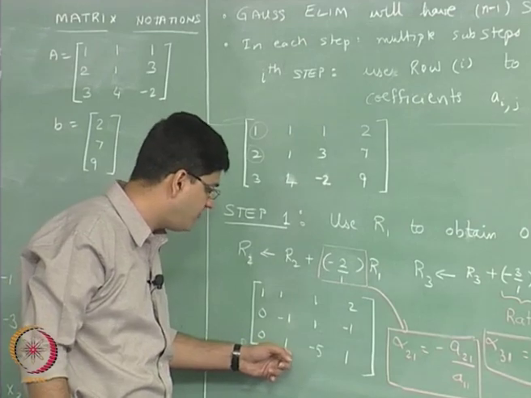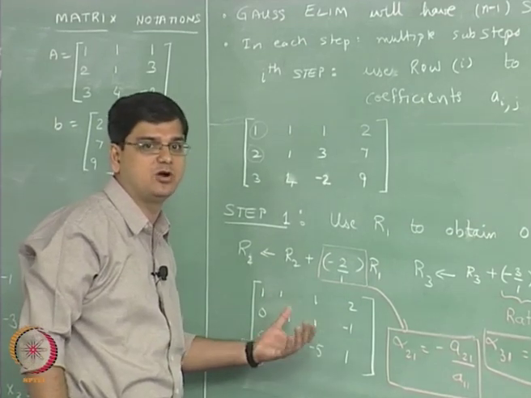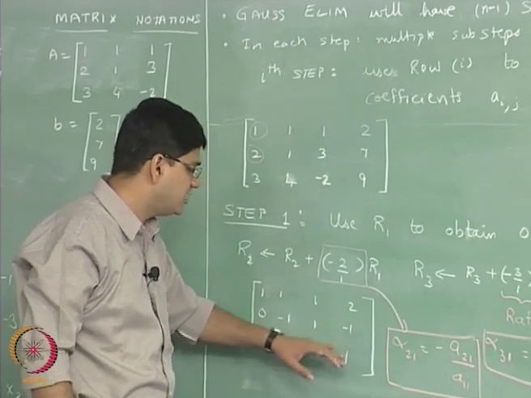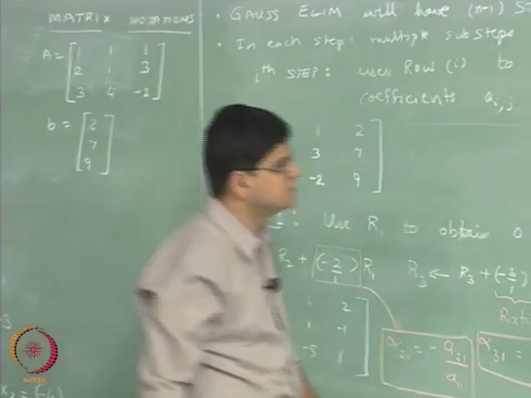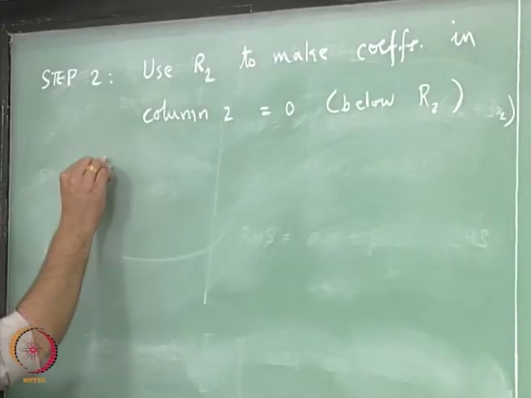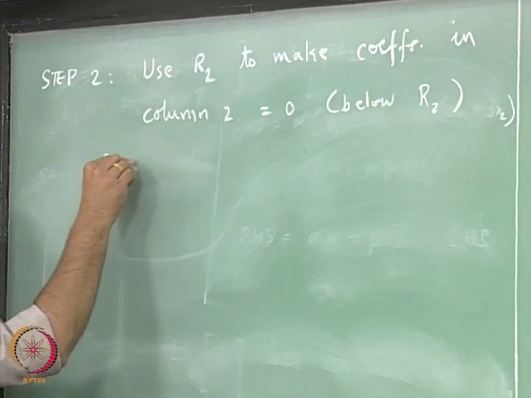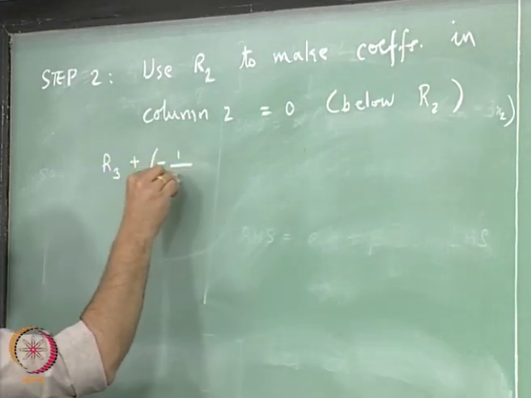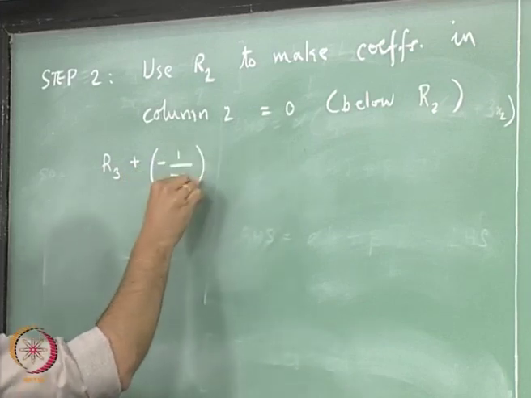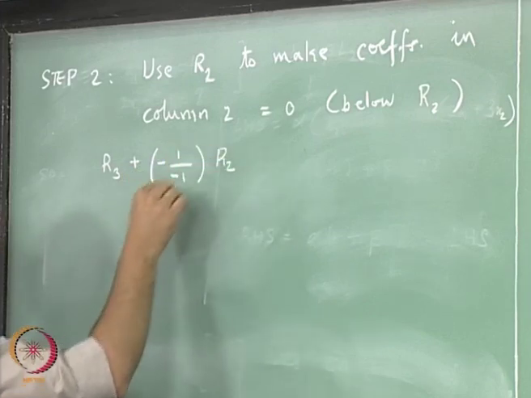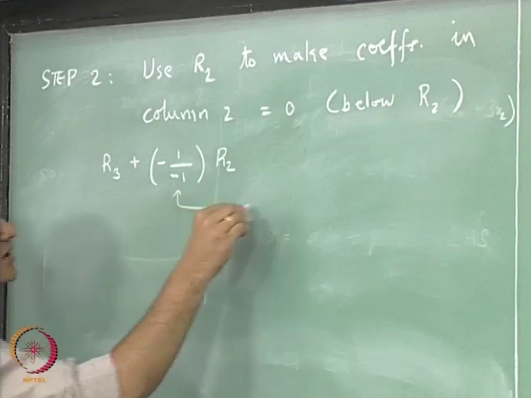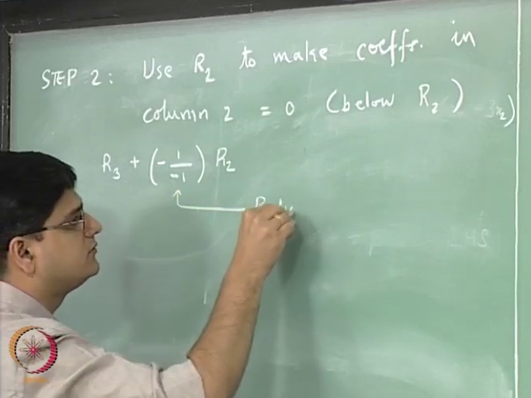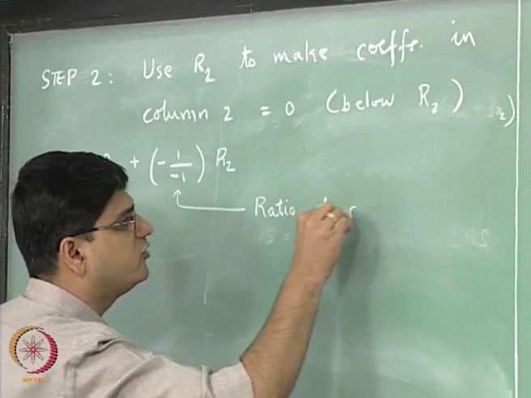So, minus 1 divided by minus 1 is what we have to multiply it with. In other words, we just have to add those two equations. So, what we have to do is R3 plus minus 1 divided by minus 1 multiplied by R2. Keep in mind this is the ratio of coefficients.